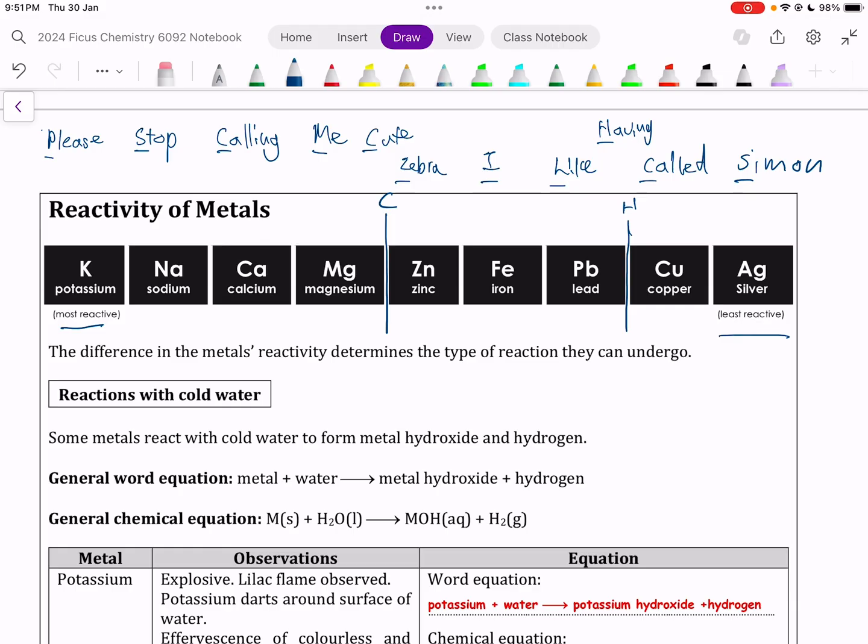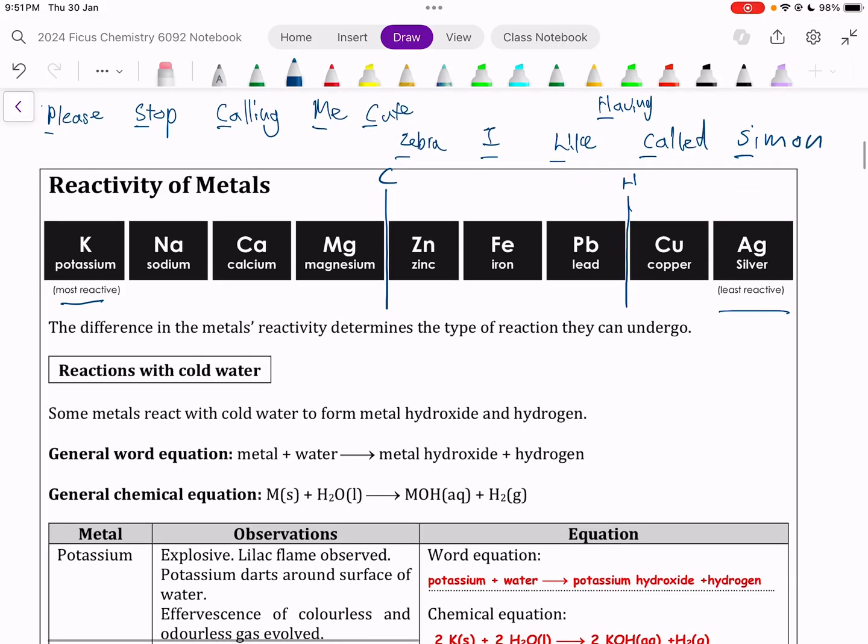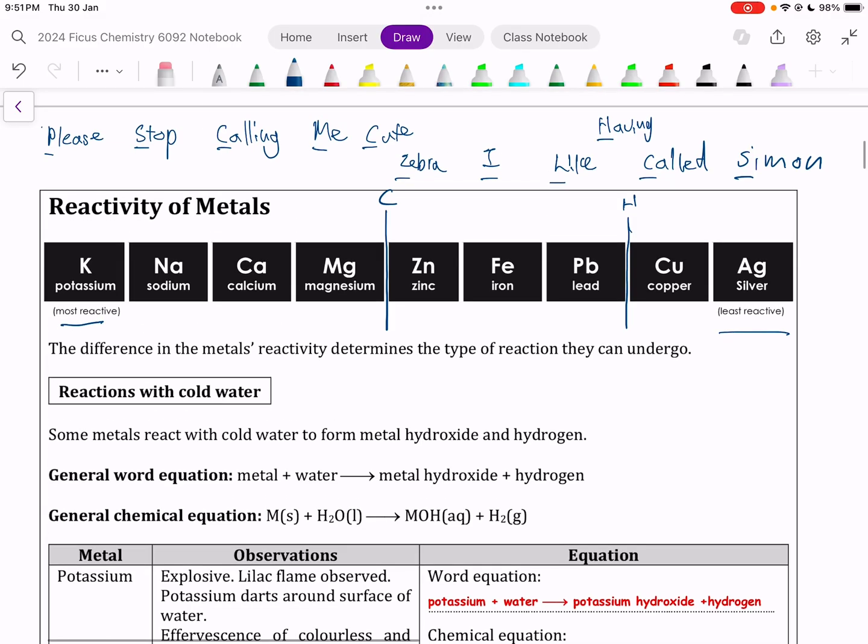Basically, the difference in reactivity actually has a meaning. We don't just say potassium is more reactive because it's more reactive. There's a reason. Usually the more reactive one has a higher tendency to lose electrons. That's why we say more reactive.